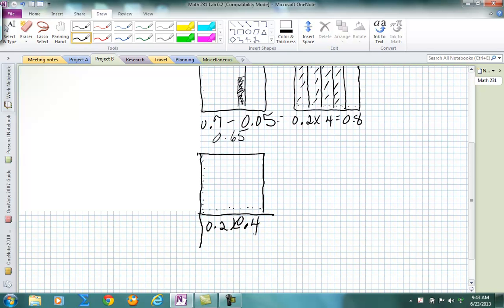So I'm going to choose one to be the column and one to be the row. So if I model 2/10 going this way, and I model 4/10 going on the row, the double shaded region here will be the answer to that product.